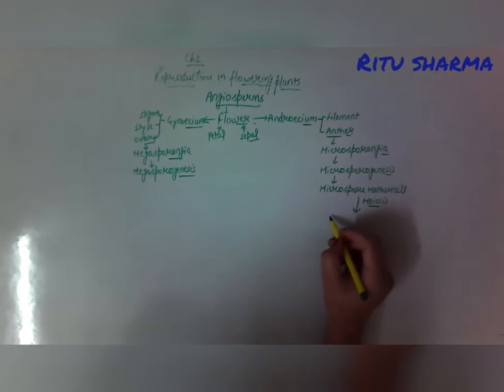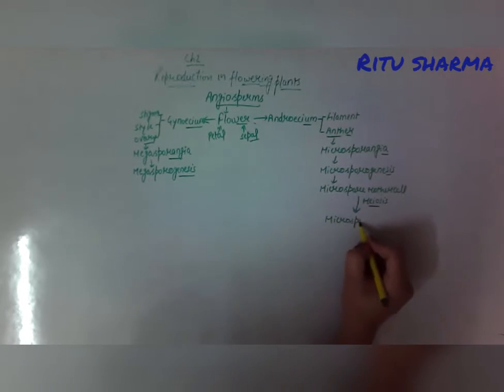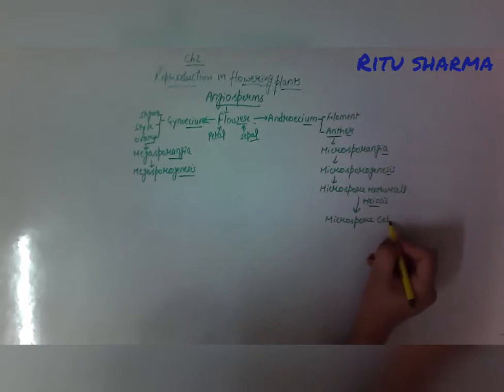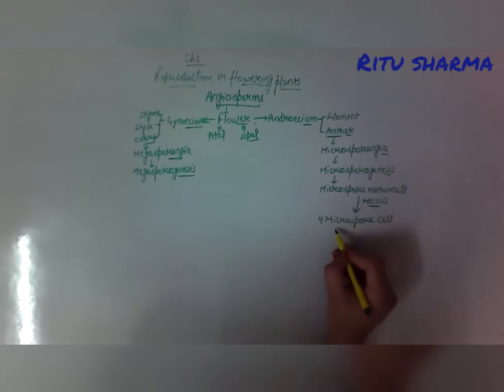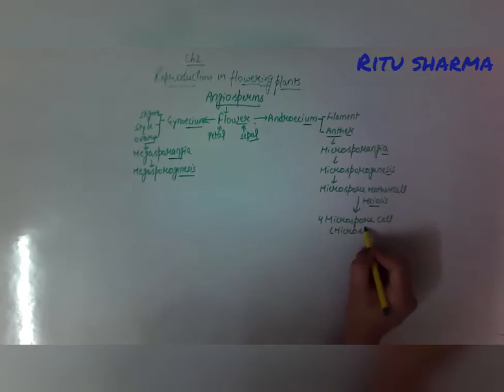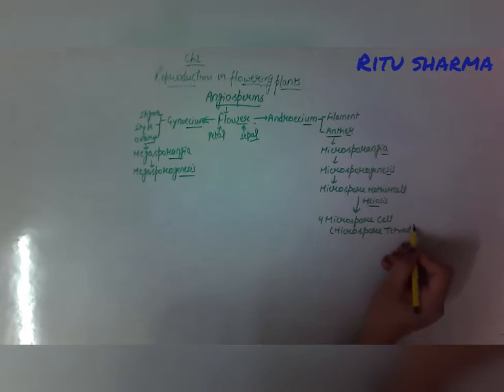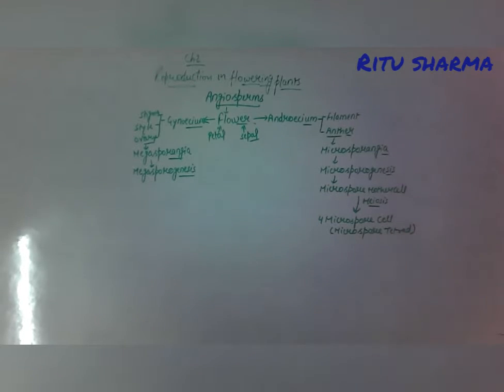So here 4 cells form, which are known as microspore cells, 4 in number. This is also known as a microspore tetrad.